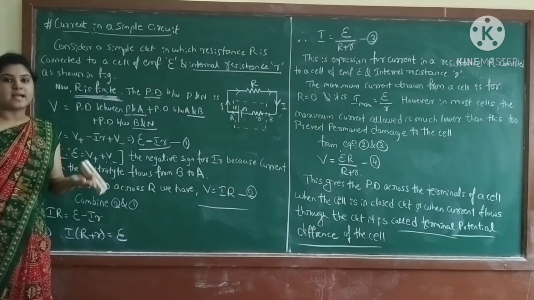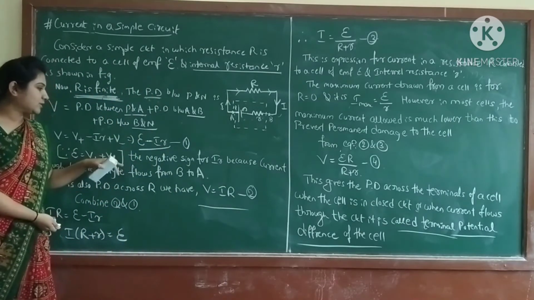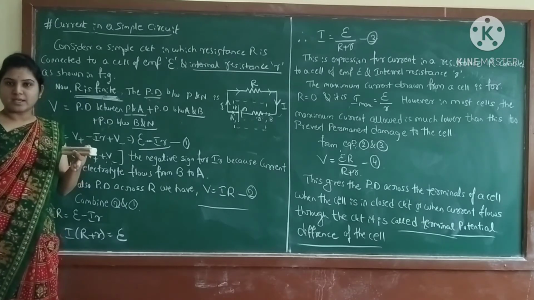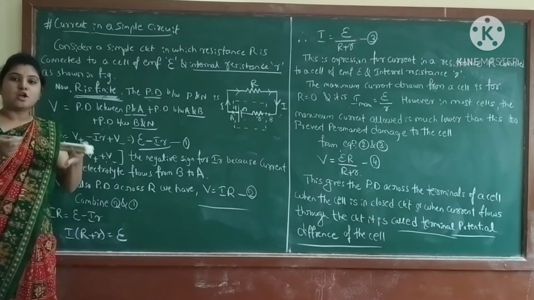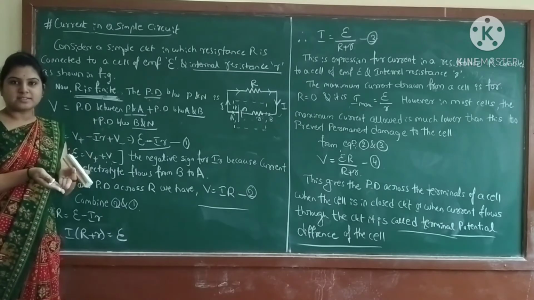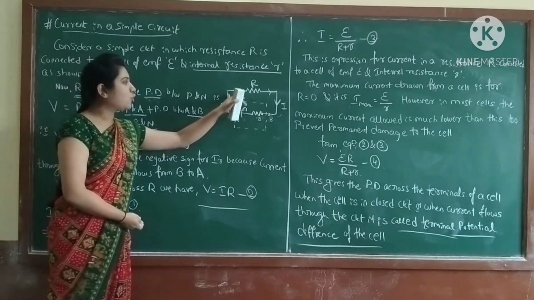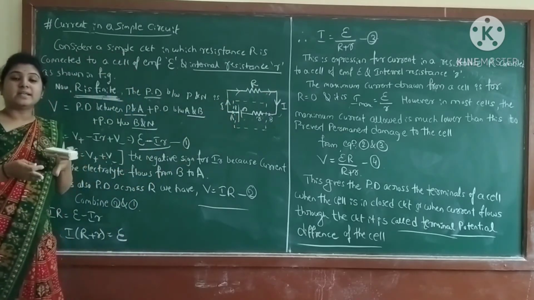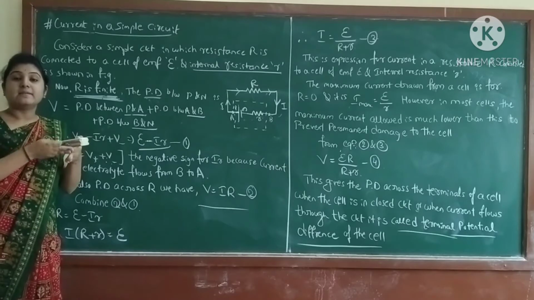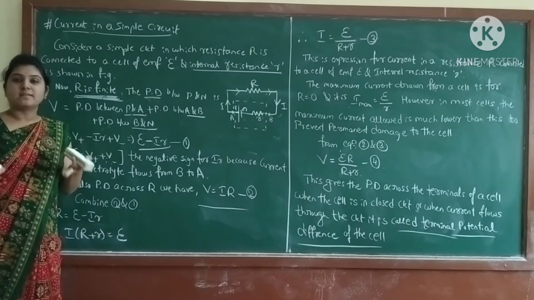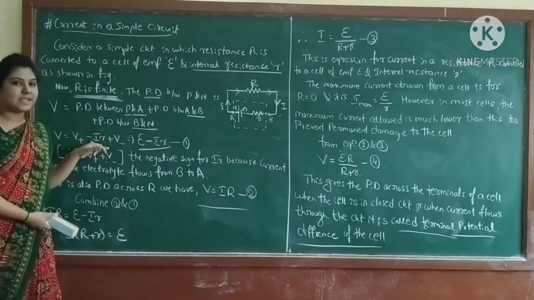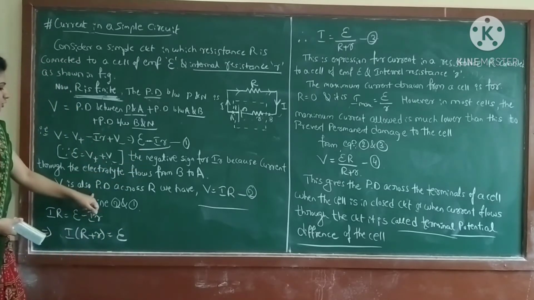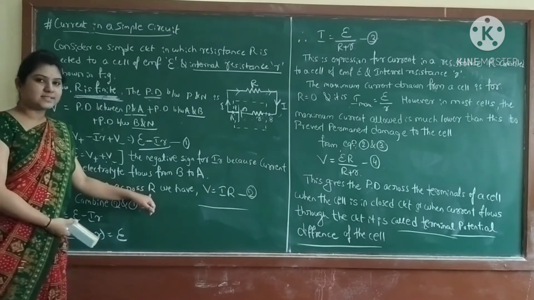That's why we are taking the negative sign here. Forward means the positive direction we will consider, but now the current is flowing from B to A, in the reverse order. That's why we are considering minus. Understood?